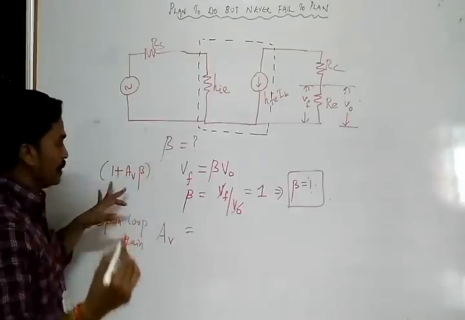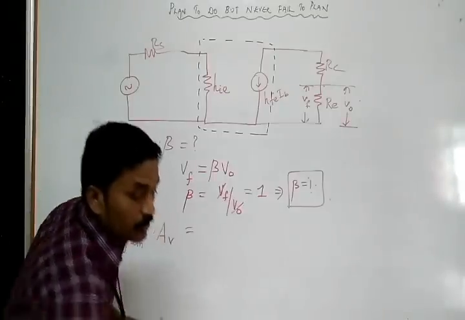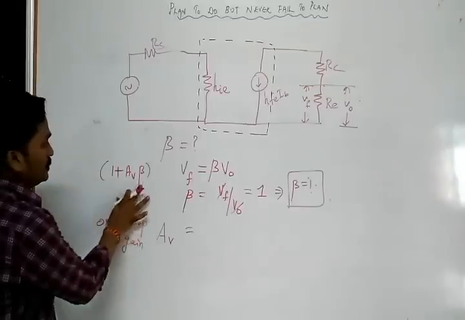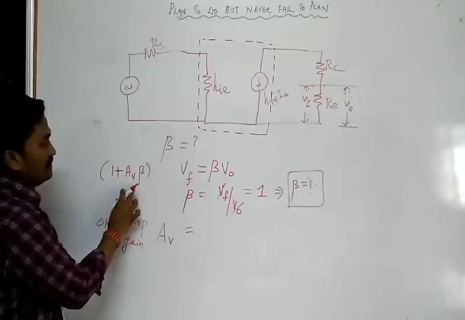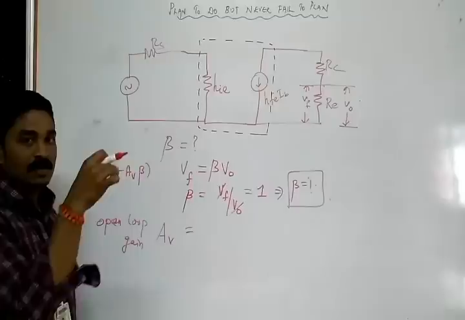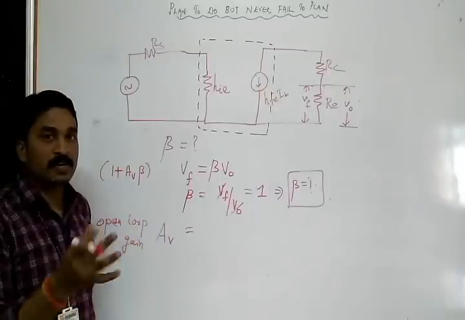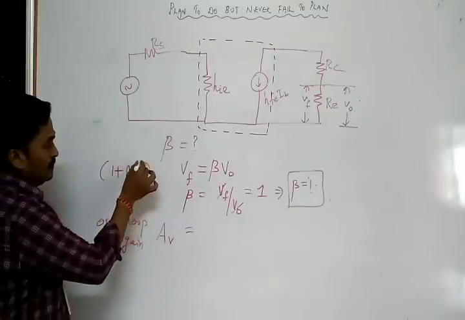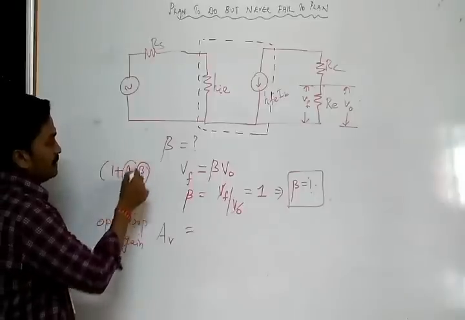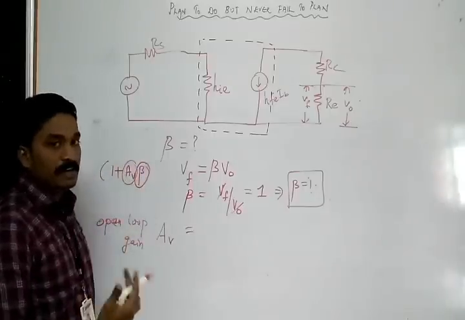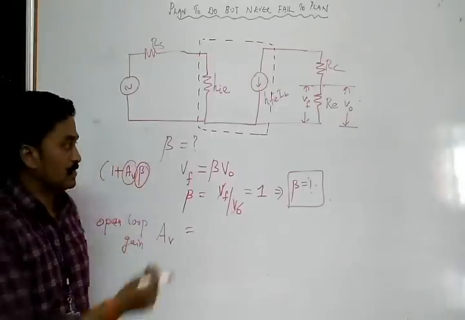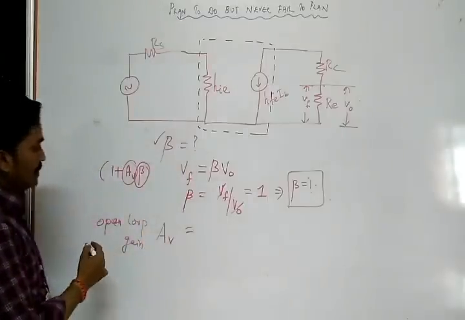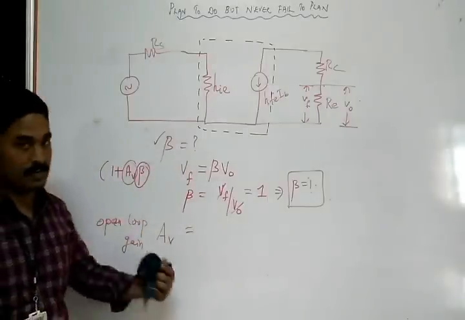If you recall your previous lecture, you could come to know that by using this feedback factor 1 plus AV beta only, your gain reduces and input and output resistance can be modified. So first of all, we need to find beta and AV. Once we get these two, we can find the remaining things for the feedback amplifier, and that's the reason we try to find beta and AV at the very first.